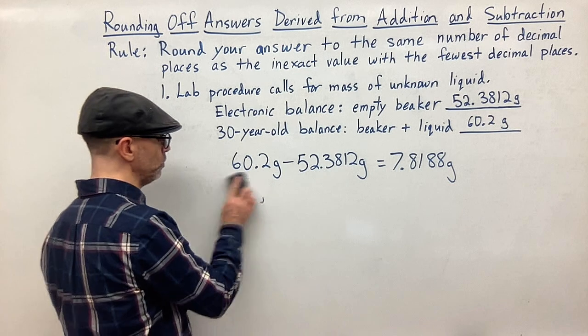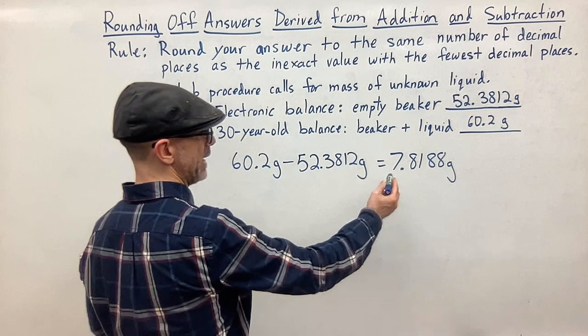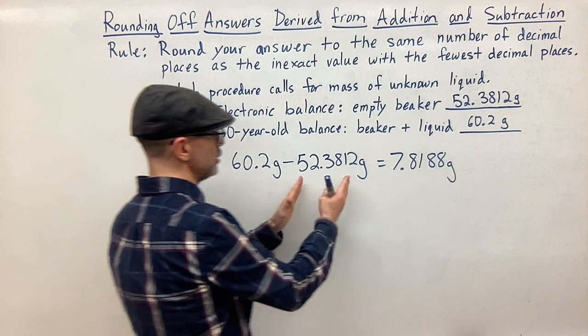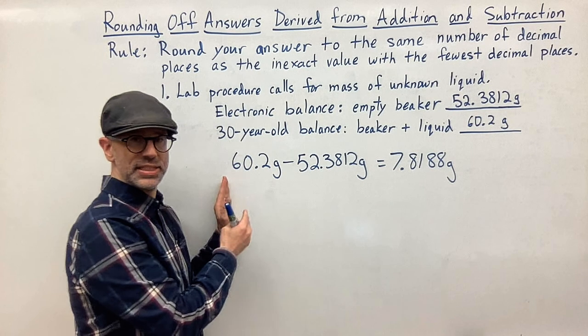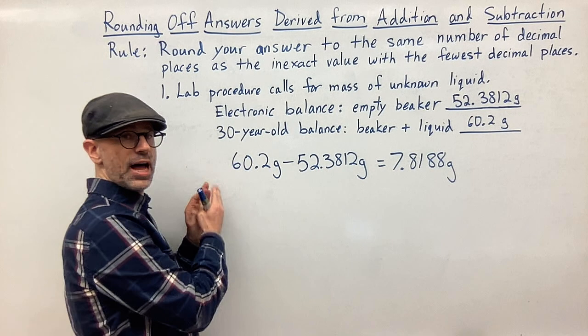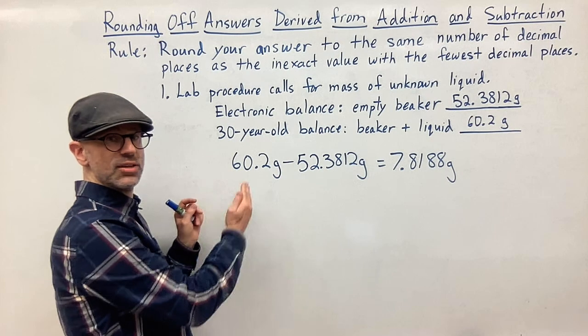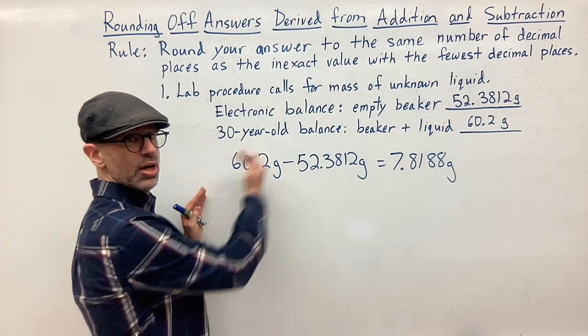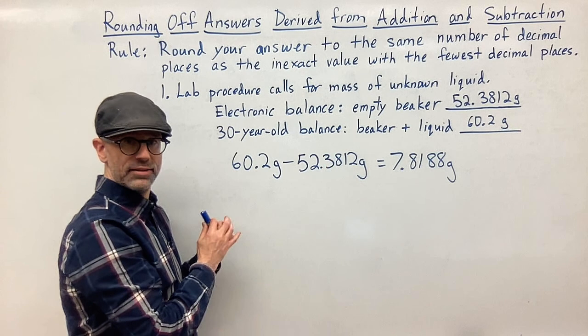All right, so here's my answer. We're looking at which value has the least precision, which means which value has the fewest number of digits that go to the right.